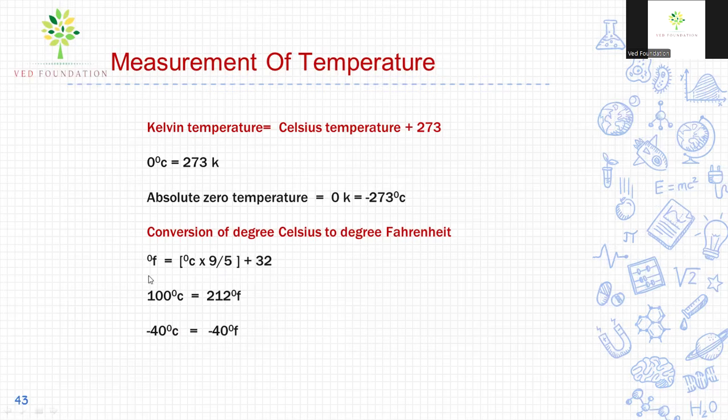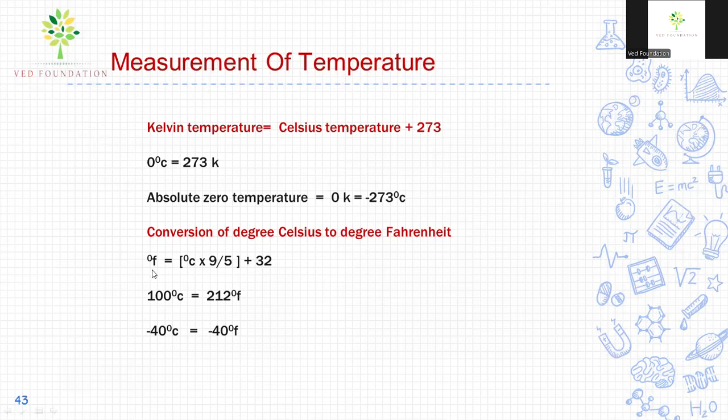These are the formulas to convert Fahrenheit reading into Celsius reading, Celsius into Fahrenheit, etc. This is the formula. Fahrenheit is equal to Celsius reading into 9 upon 5 plus 32.